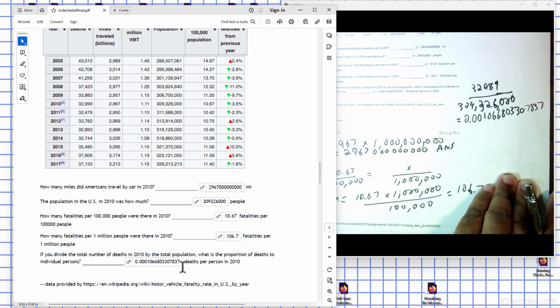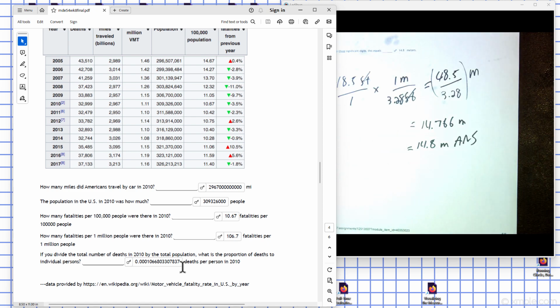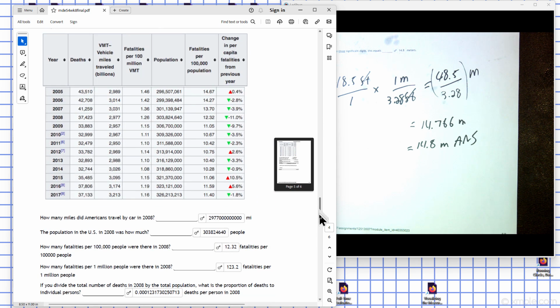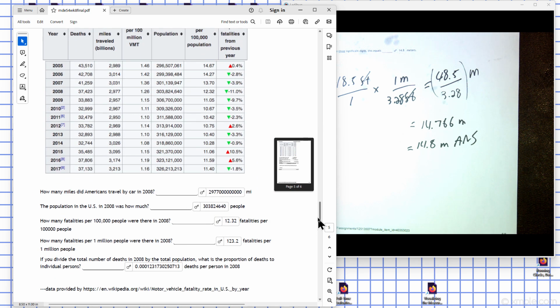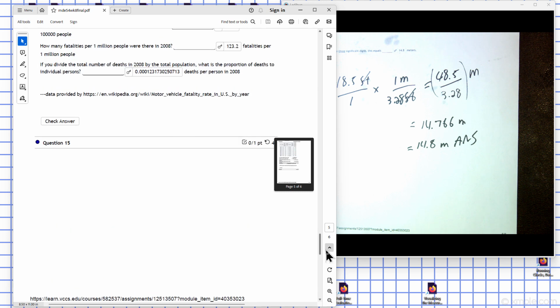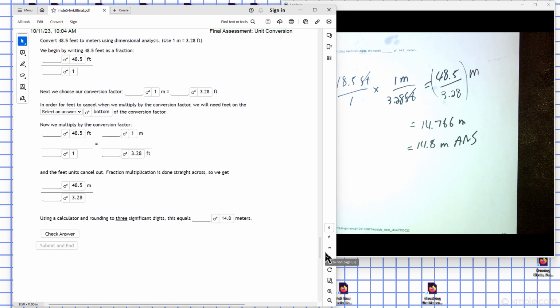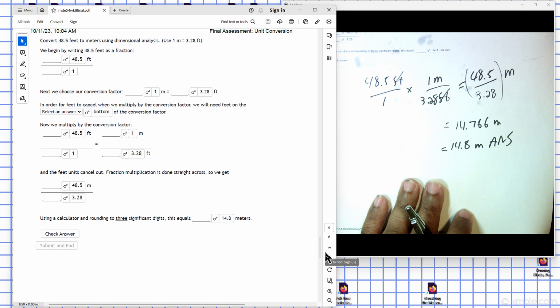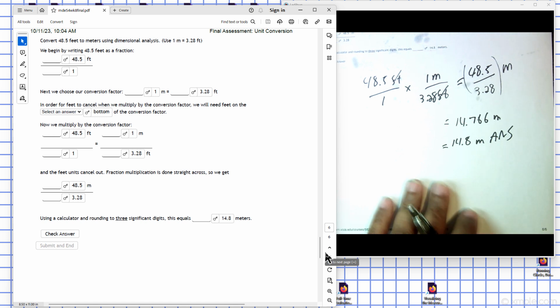Okay, let's take a look at number 14. Number 14 is another one just like it. So this one here, convert 48 feet to meters using dimensional analysis.